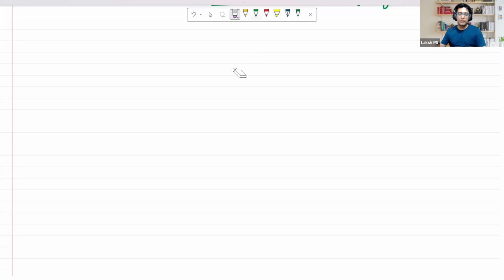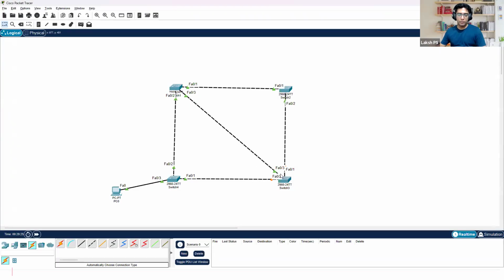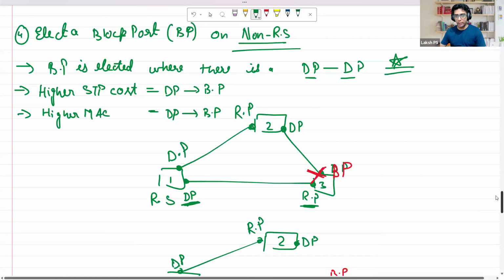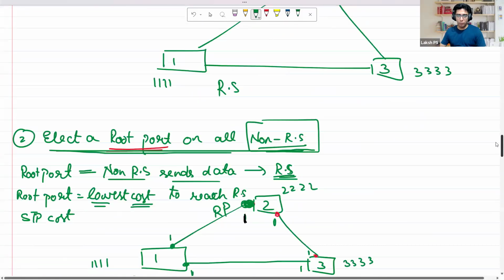Whatever we discussed about the switches: the root switch is elected based on the MAC addresses or the priority. Whichever switch has a lower priority takes over the role of root switch.